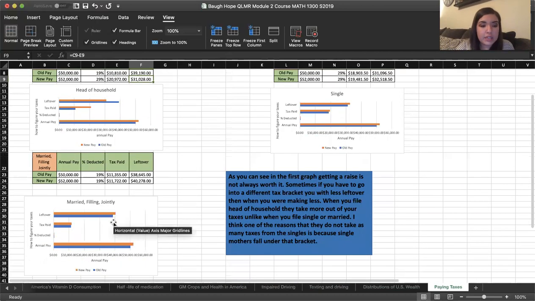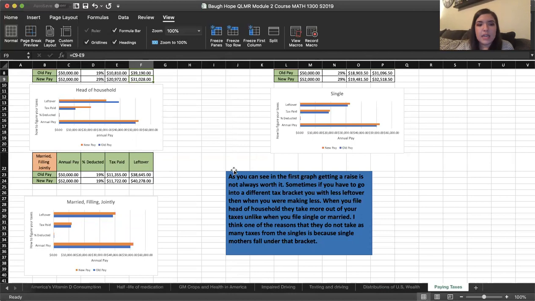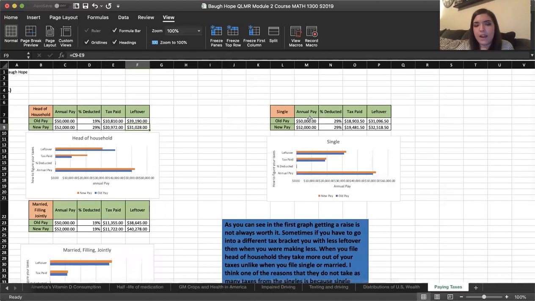The married filing jointly, they don't take as much out. So you can see that you have more left over than you did up here. And then over here, singles, they don't have to pay near as much either. So it's only 29% deducted.